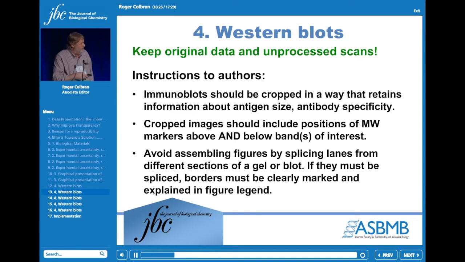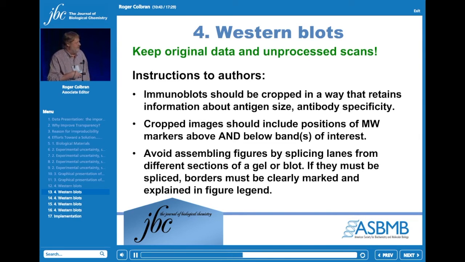So again, Fred dealt with some of these issues. Immunoblots should be cropped in a way that retains information about antigen size and antibody specificity. Cropped images should include molecular weight markers above and below the band of interest. And you should avoid splicing lanes together.